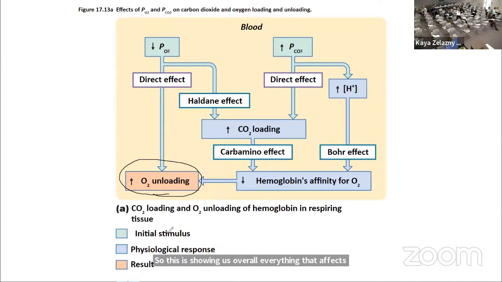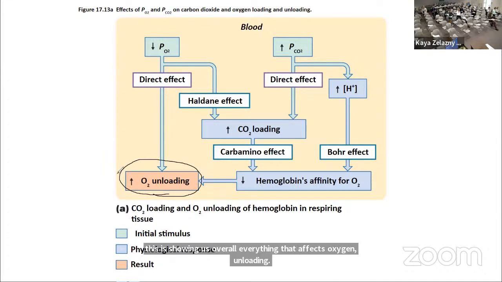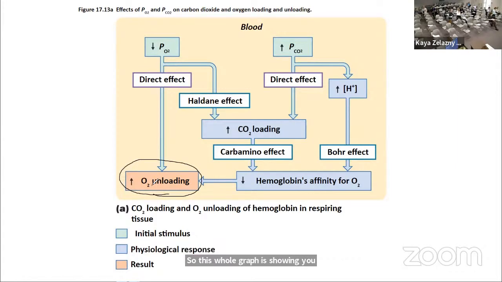So this whole graph is showing you effects that increase unloading of oxygen, so basically increase how much oxygen gets into your tissue. All of this is showing us stuff that's going to ultimately increase how much oxygen is available for making ATP.